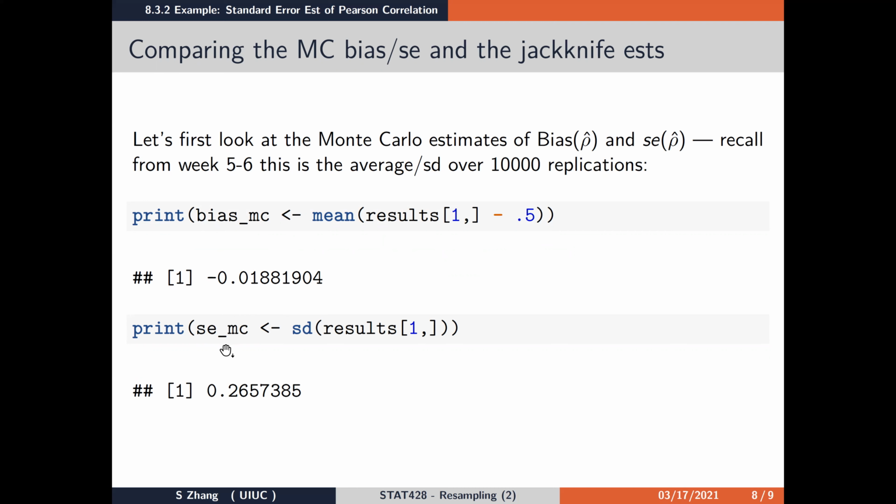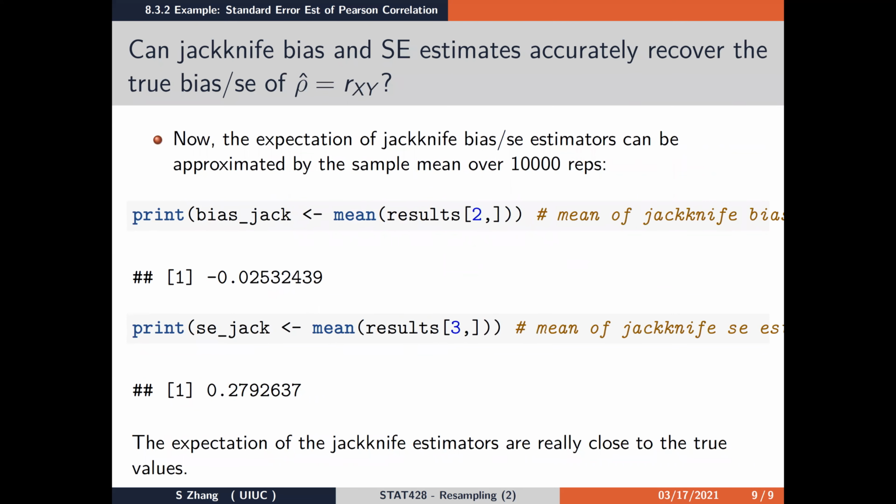The standard error estimate using Monte Carlo studies is essentially the standard deviation of our theta hats. So that's just the SD of the first row of the results matrix, and that gives us something around 0.26. Can the jackknife bias and SE estimates accurately recover these things? Well, let's see.